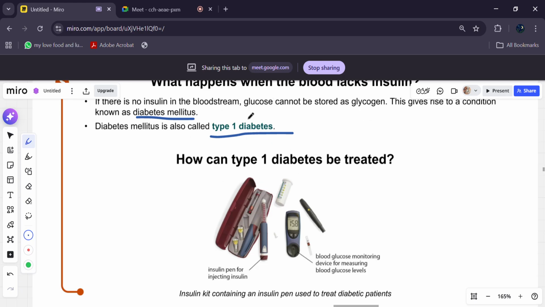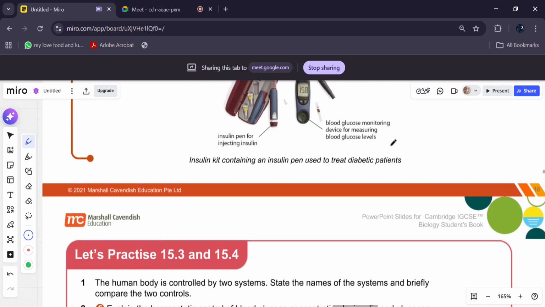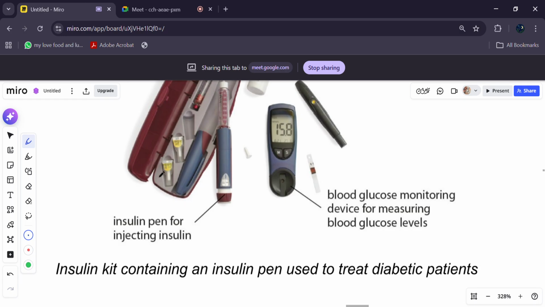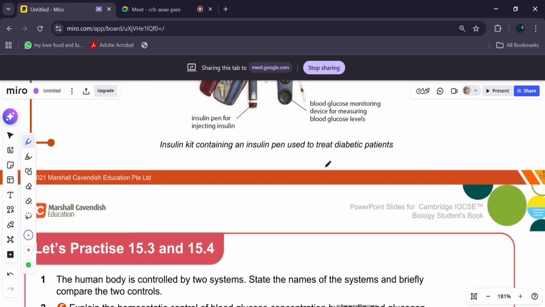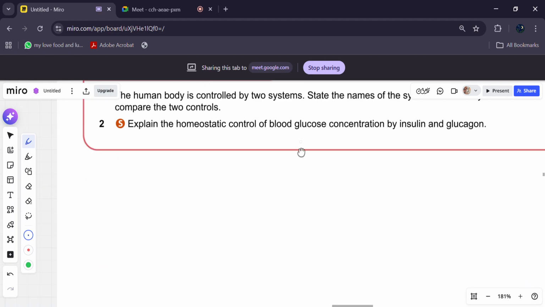This is also known as type 1 diabetes. And when not enough insulin is produced, the glucose levels in our blood rise. But if we can inject insulin into the bloodstream physically, then you could treat a person with type 1 diabetes.